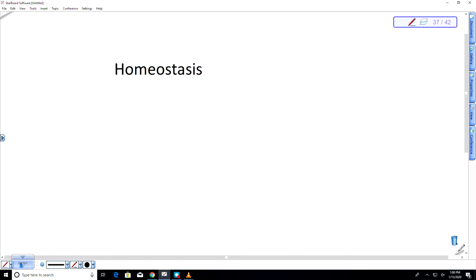Okay, so we're going to talk about homeostasis as an overlying, really important part of being alive. And this is the maintenance of a relatively constant internal environment.